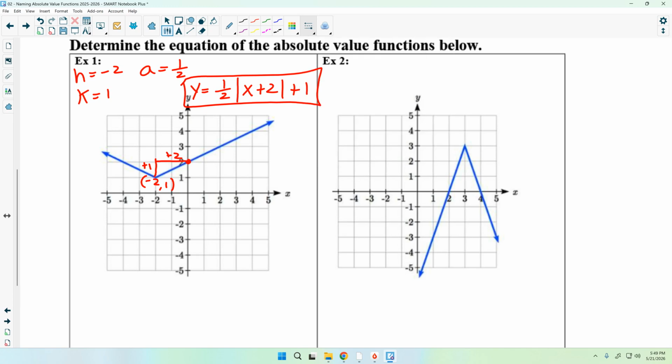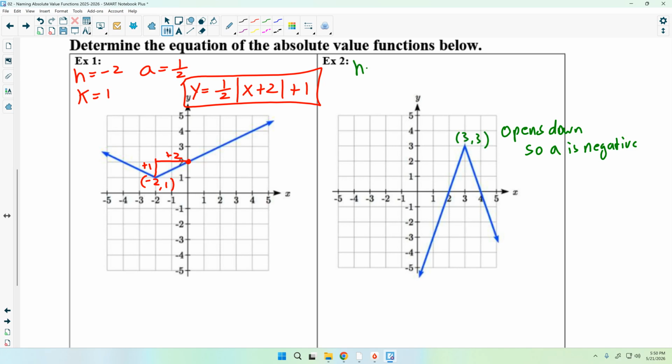Let's look at another one. I want to notice this time it's opening down, so I know a is negative. Just keep that in mind for the rest of our problem. Finding our vertex, we can see that it's the ordered pair 3, 3.